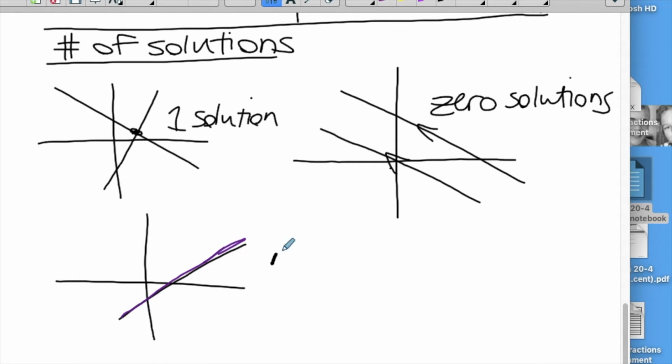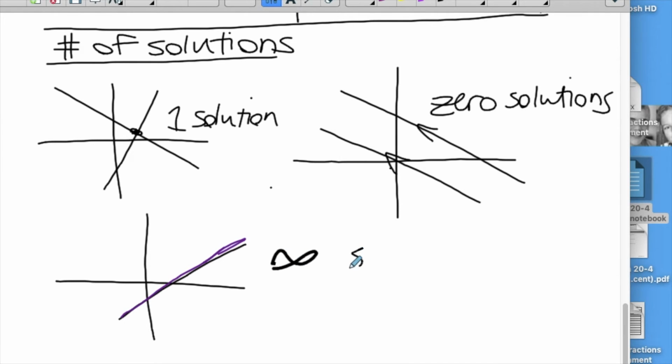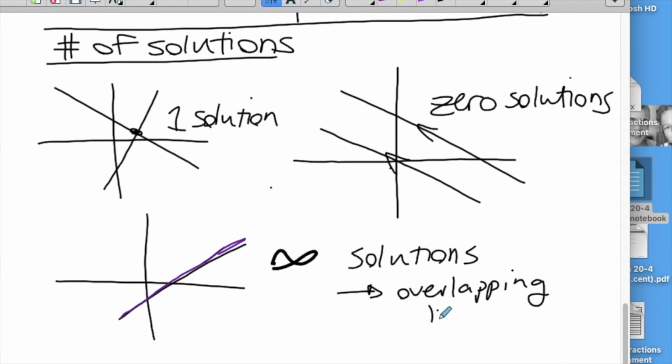Okay, this is infinite solutions. Okay, so that is about a 25-minute recap of everything that you've seen so far in systems. Okay, so this is all sort of pre-knowledge.